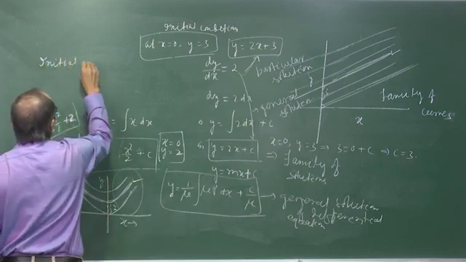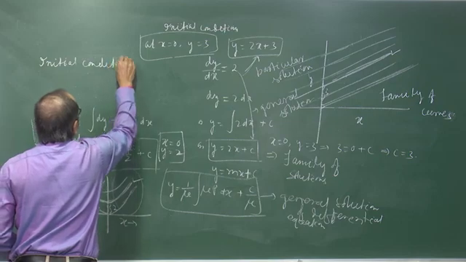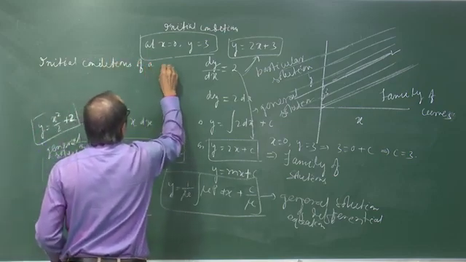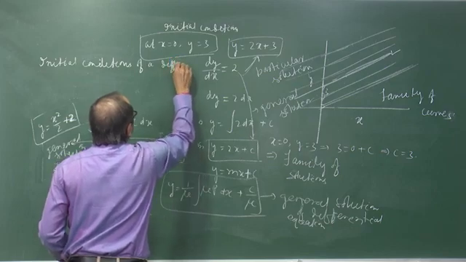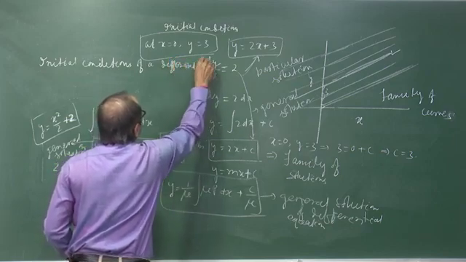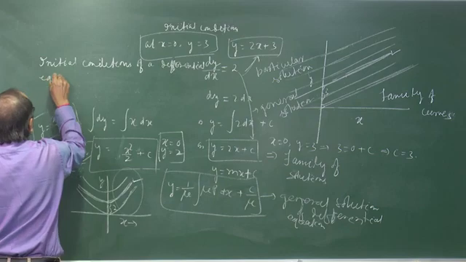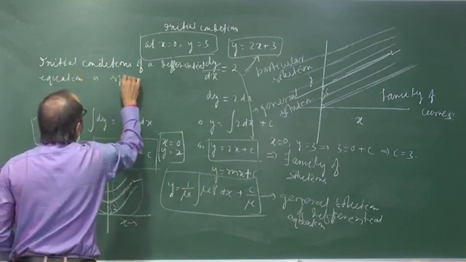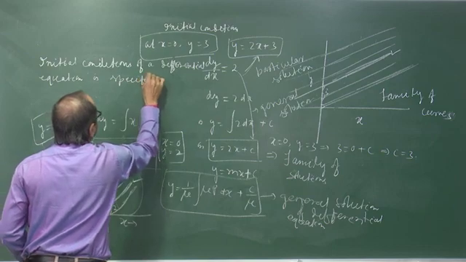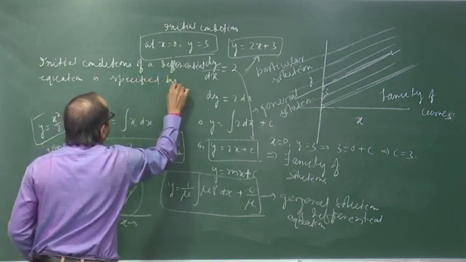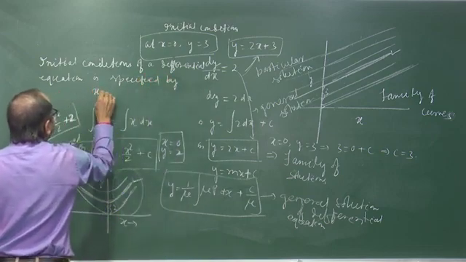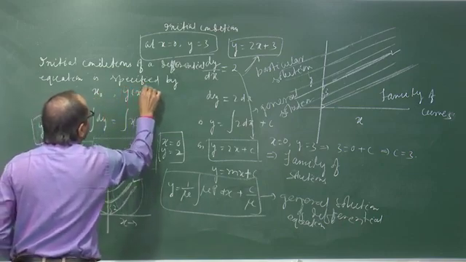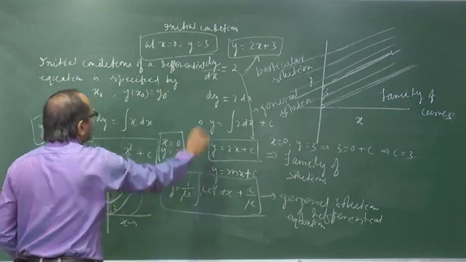Generally, the initial conditions of a differential equation are specified by a pair of values, say x0 and y of x0 is equal to y0.